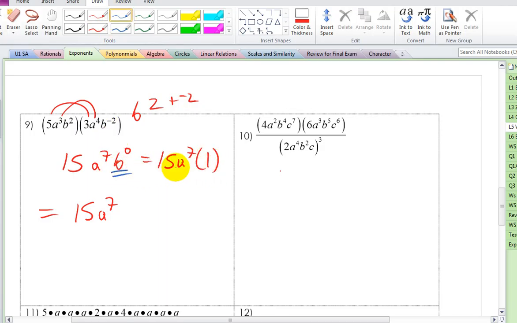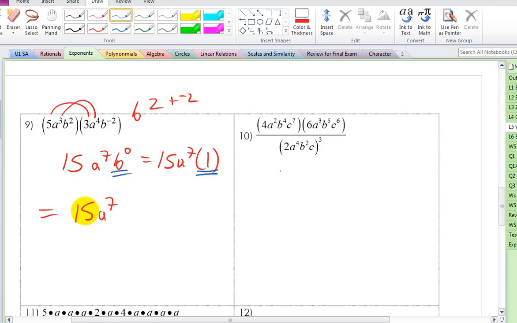B0 has a value of 1. And so when you multiply it together, you get 15A7. So the B does not disappear. It doesn't vanish. It's not magic. Okay? It becomes a 1 because that's its value. And you multiply the answer by 1.